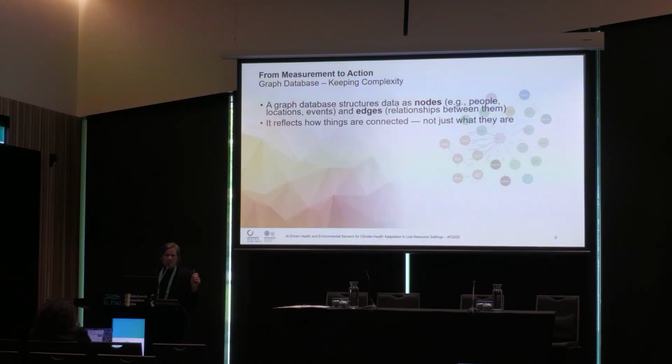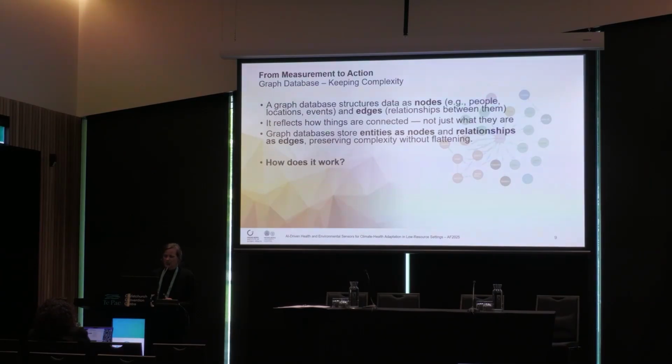And you can easily draw relationships between things. So not just what they are, but essentially how things are related to each other. And this is how you build up the graph database. So you're encoding the complexity in these simple annotations. So it's nodes and edges.